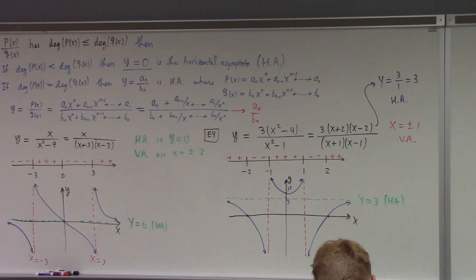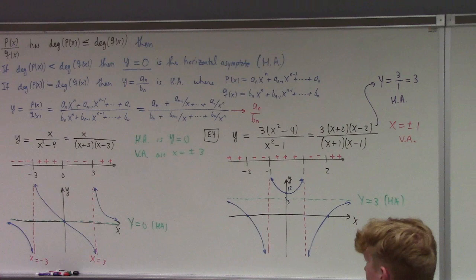Suppose we're up against f of x equal to, let's see here, how about x squared plus 3x plus 2 over, oh, I don't know, x cubed plus x. There we go.